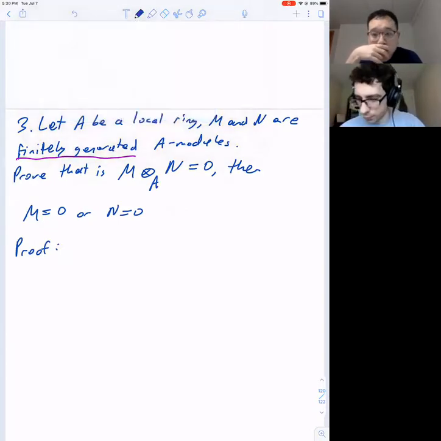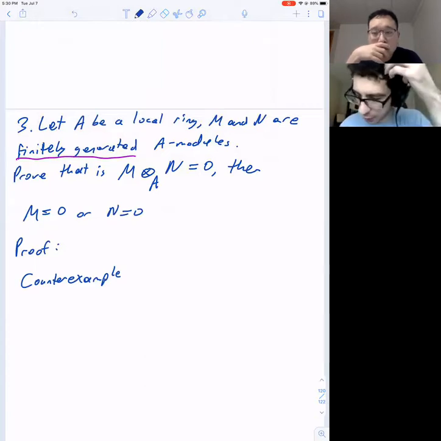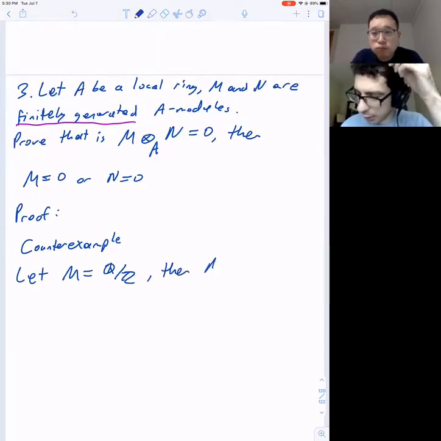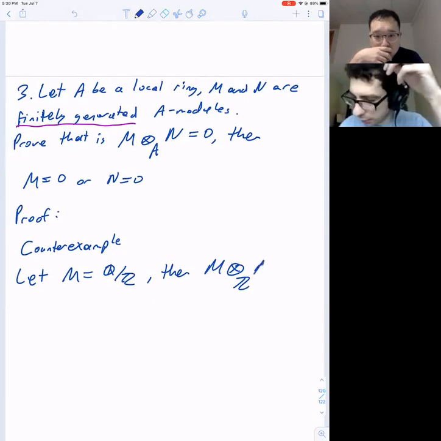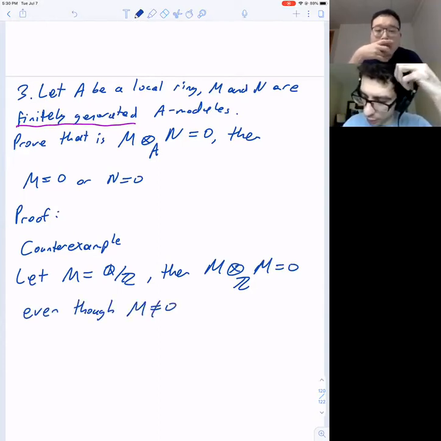Why? Counterexample. Let M be Q over the integers, then M tensor M is 0, even though M is not 0.